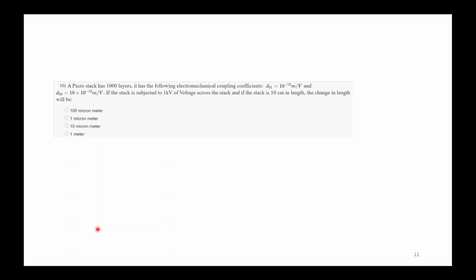Now question number 10. A piezo stack has 1000 layers, and it has the following electromechanical coupling coefficients: D31 equal to 10 to the power minus 12 meter per volt, and D33 equal to 10 multiplied by 10 to the power minus 12 meter per volt.